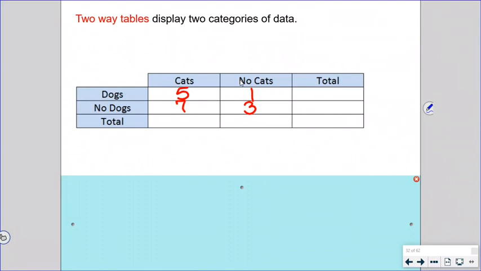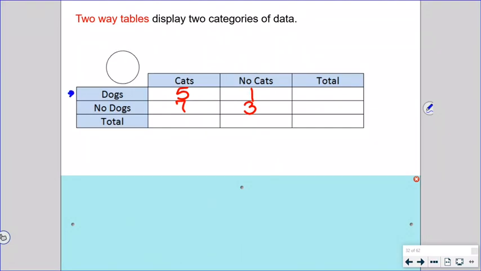Now, I want to find out these totals over here, right? What I do is the total amount of people that have a dog. That's what this block stands for. Try to imagine this as like a multiplication table from back in the day. If you were to look at a multiplication table and do like 2 times 1, you would go to 2 and you would go to 1 and you would match things up.